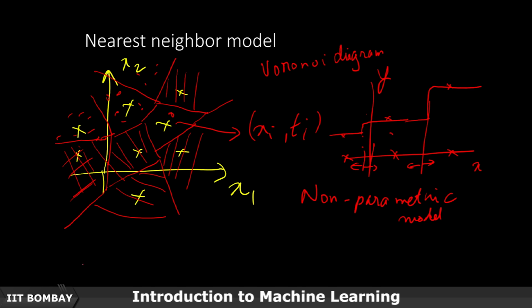So now coming back to the ensembles, we can actually combine several nearest neighbor models in a way that is called a k nearest neighbor model. Okay. So here we have the same x1, x2 space, and we have the same set of training points.